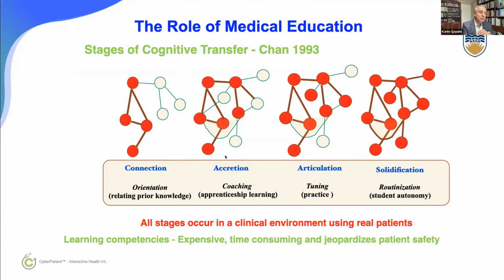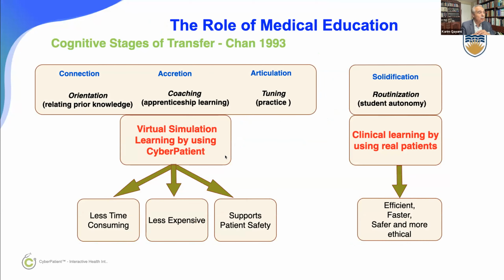So what I propose is that we should take the first 3 stages of transfer out of the clinics into the laboratories or into the virtual environment. And we can do the orientation, coaching, and fine-tuning in a laboratory environment or in a virtual environment.